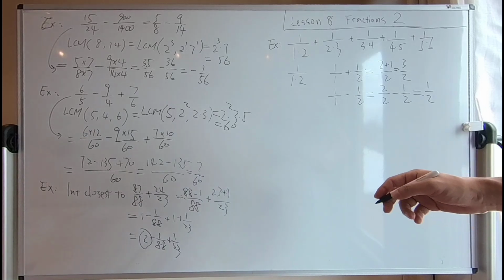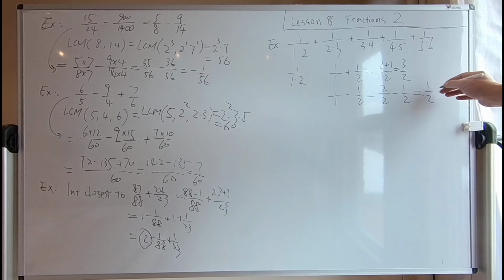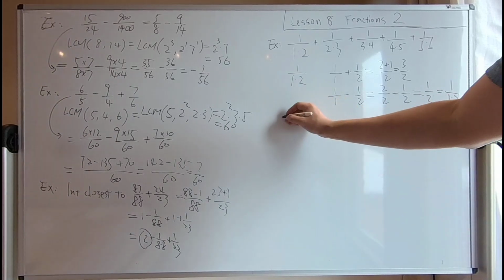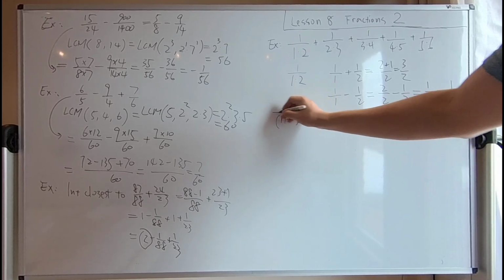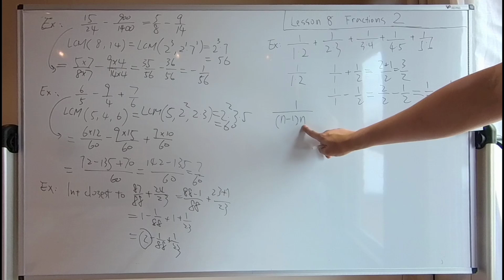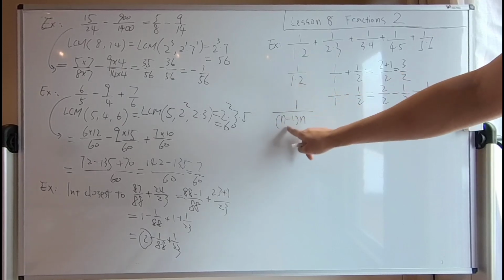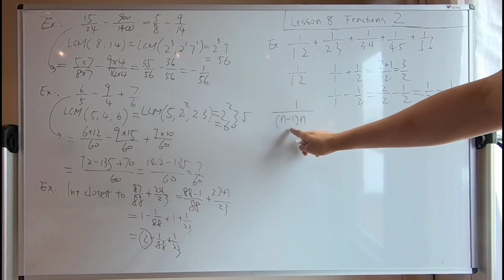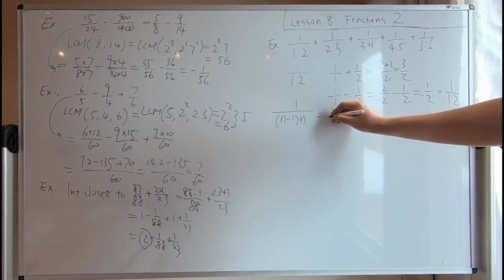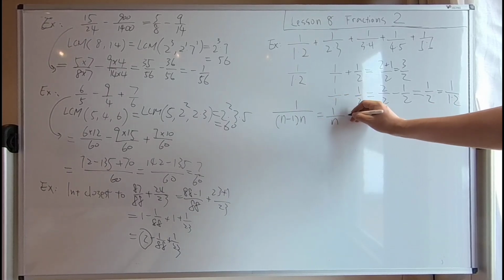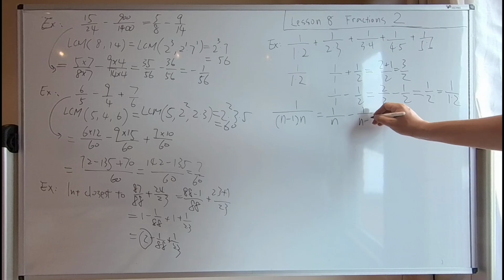And 1 over 2 is 1 over 1 times 2. So that means if I'm trying to break down any number n multiplied by the integer that is 1 less than n, I always have this relation.